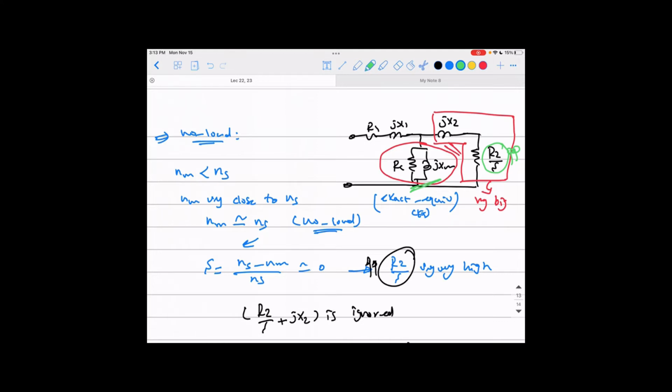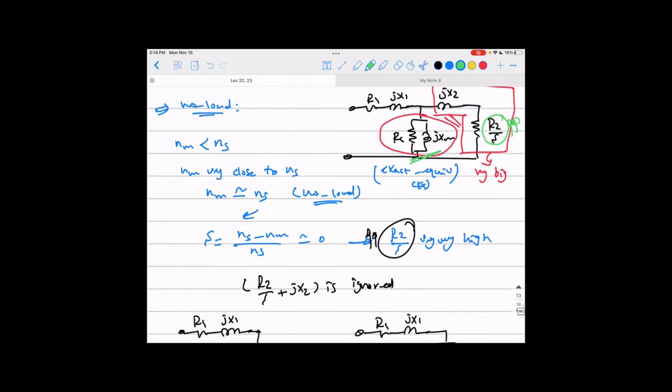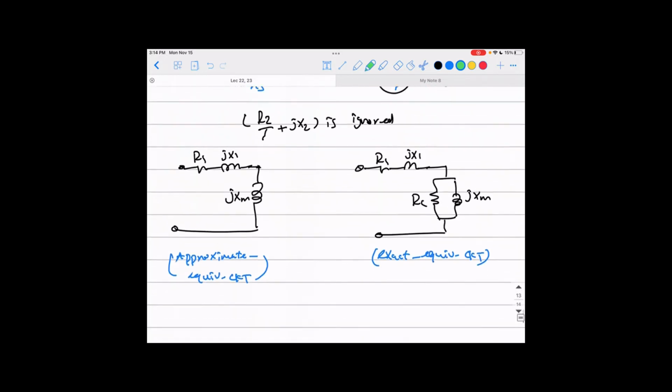And for any two impedances connected in parallel, the equivalent will be very close to the smallest one if you have a very small one and a very big one connected in parallel. So here the equivalent will be very close to RC and XM because R2 over S is now very, very big. So we can ignore the rotor impedance R2 over S and jX2.